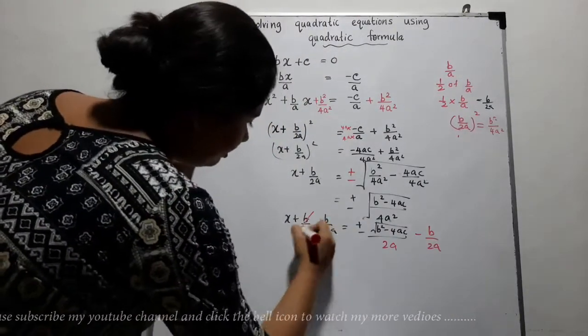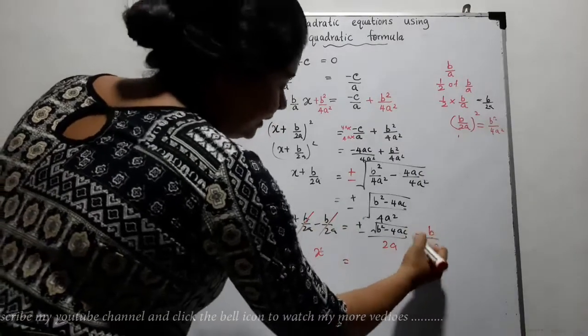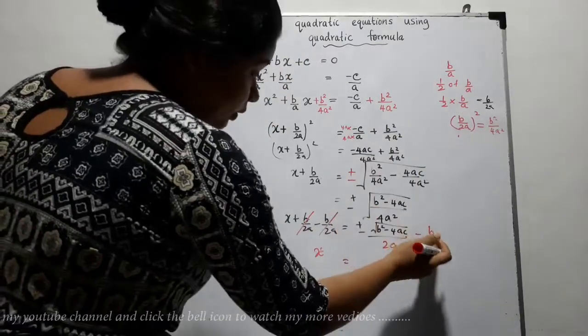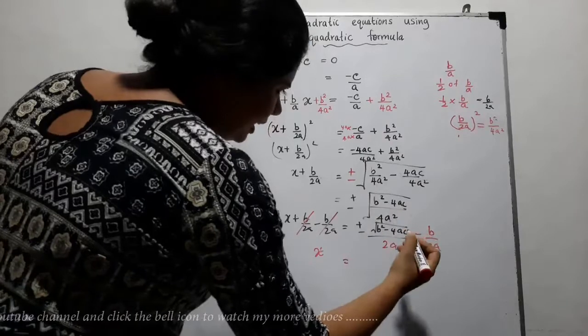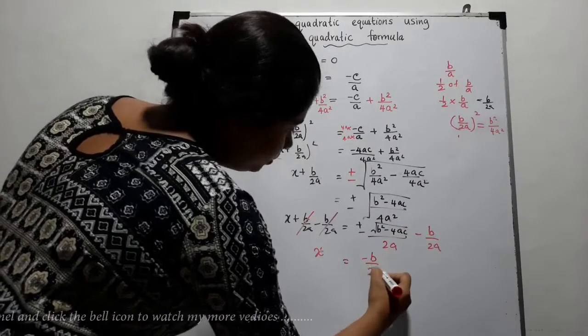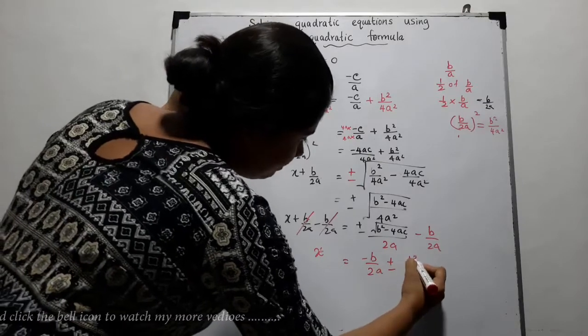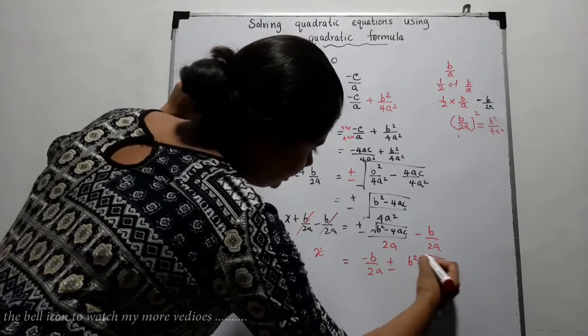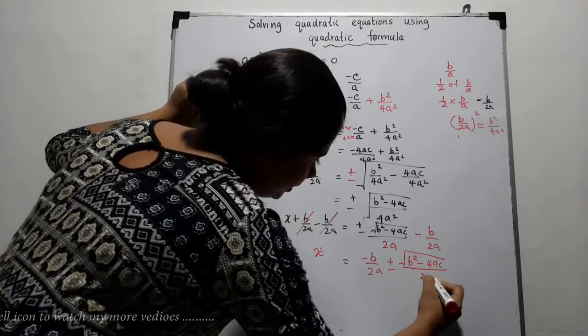Now x equals, I bring the negative term as the first term to keep the expression easy to remember, minus b over 2a plus or minus the square root of b squared minus 4ac over 2a.